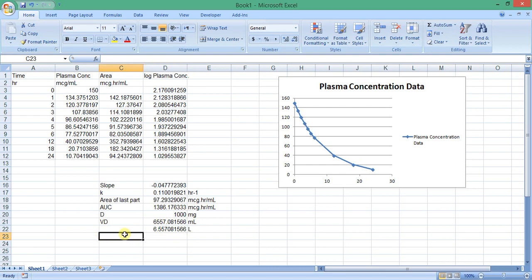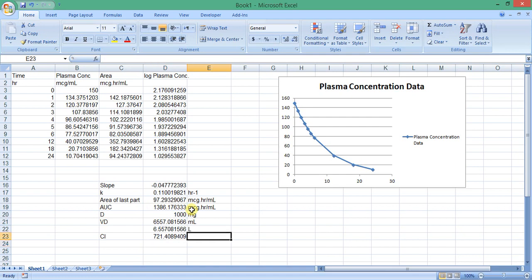Now we calculate clearance. Clearance equals the dose divided by the AUC. To convert the dose to microgram, we should multiply it by 1000 and then divide it by the area under the curve.